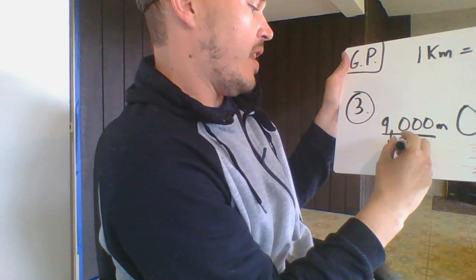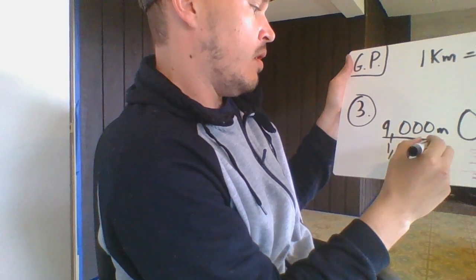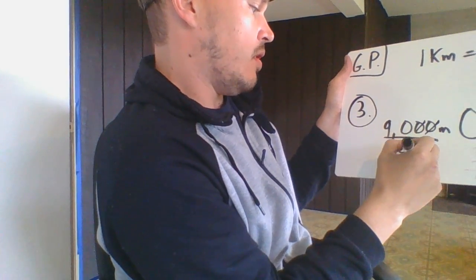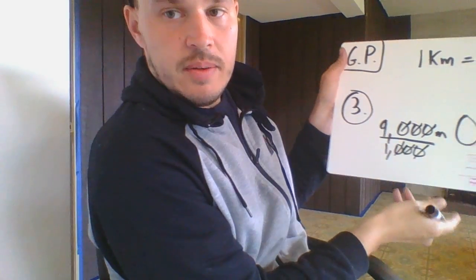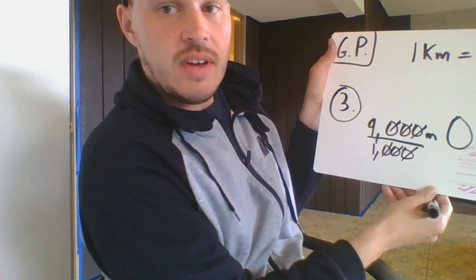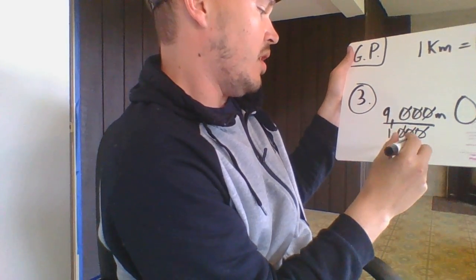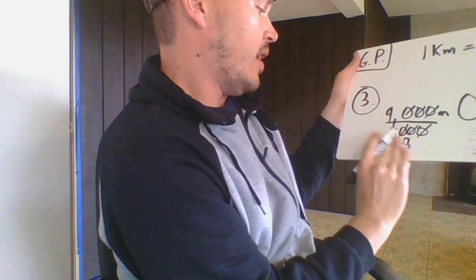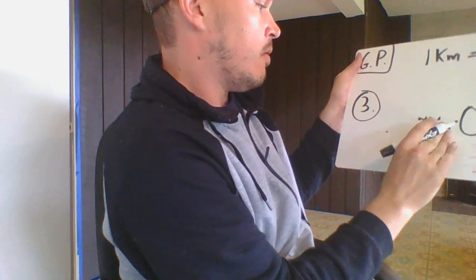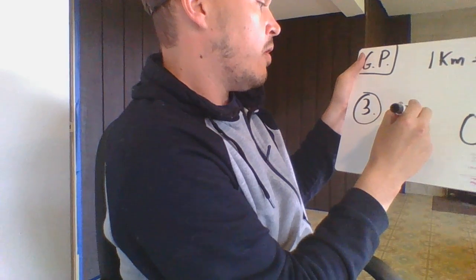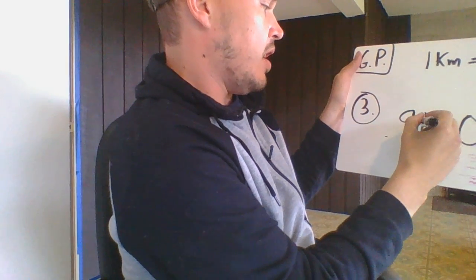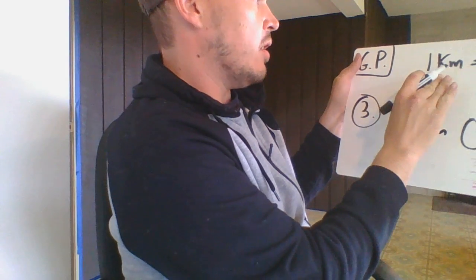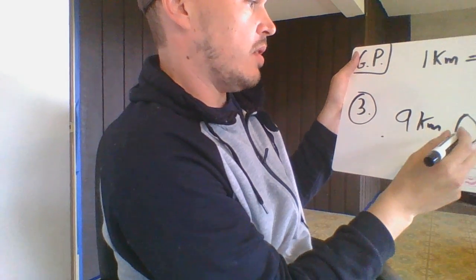So I can divide that by 1,000. Cross it off. Because 9,000 divided by 1,000 is going to equal a total of 9. So I can erase that. And I know that my 9,000 meters equals 9 kilometers, because 1 kilometer equals 1,000 meters.